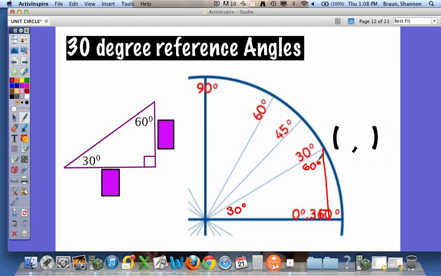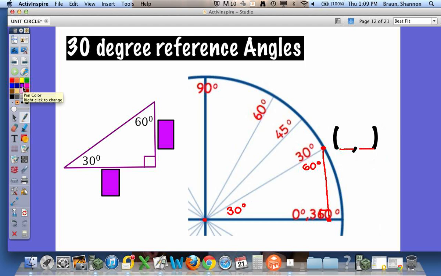And looking at this, from here to here represents the x-coordinate of where I'm located at this point, right? That's how far out I've gone in the x direction. What does this side of my triangle from here to here represent? Your y-coordinate. Just so it's a little easier to see, we're going to imagine taking this triangle right here and pulling it over here.